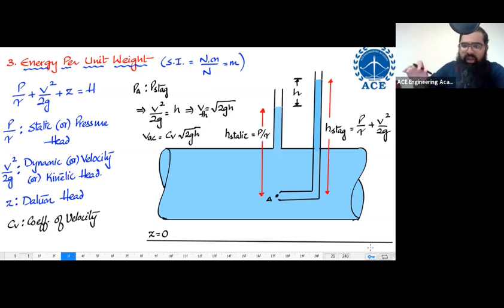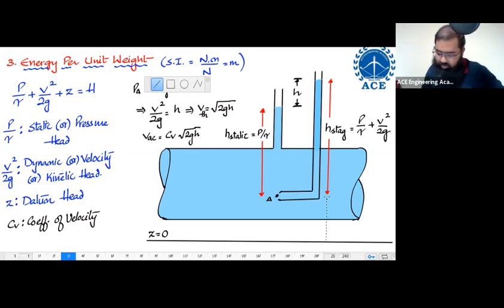It's a horizontal level. Now, this Z is equal to 0 level is up to you. You can choose wherever you want. So now, after having chosen this reference level, let us say I draw over here this height.